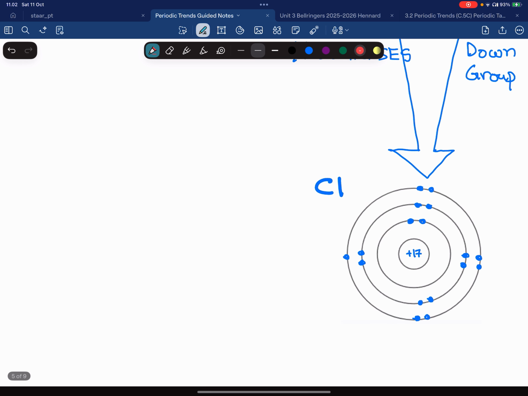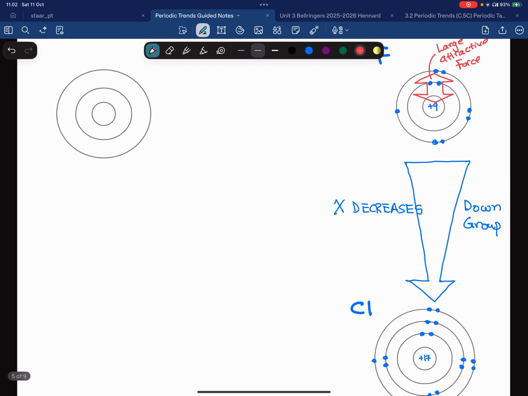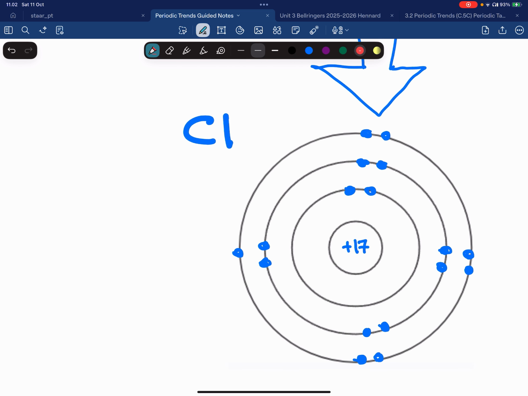You go down, you add an energy level, and you have a larger distance between the nucleus and the valence electrons. So you have a smaller attractive force with a larger distance between the nucleus and the valence electron.